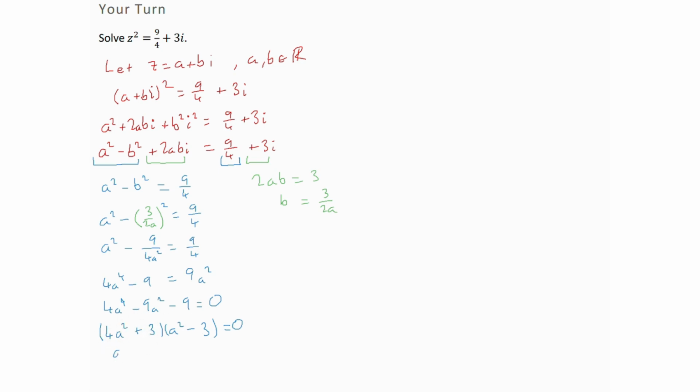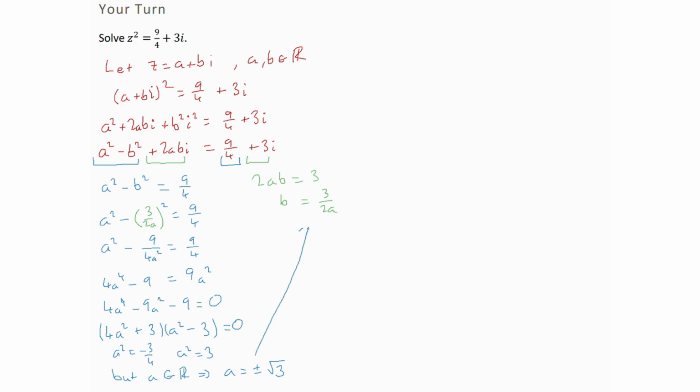That means either a squared is equal to minus 3/4 or a squared is equal to 3. But we know from up here that a has to be a real number, which means that a is equal to plus or minus √3.